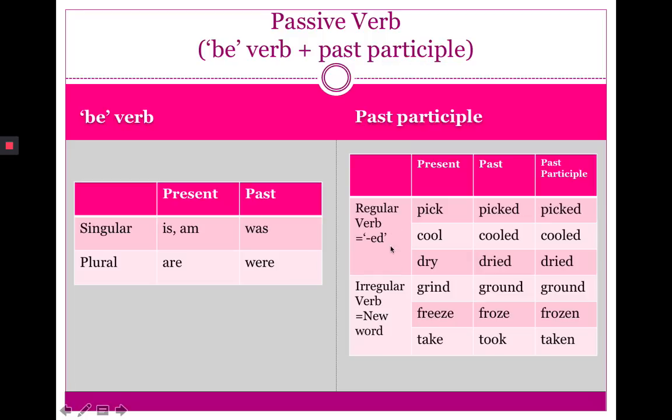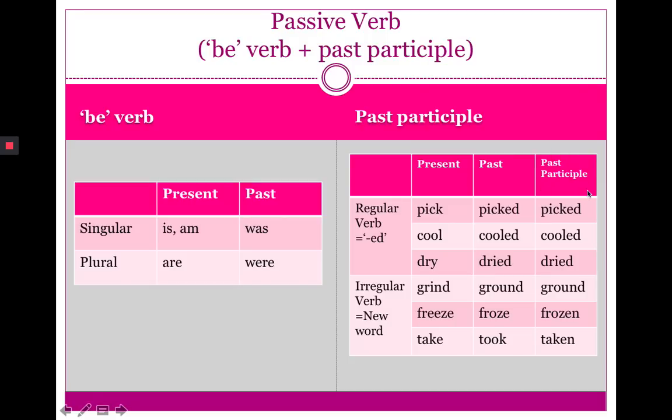So like I said just now, remember I said there are three forms of verb: present, past, and also past participle. Most of the time we use the verb in the form of present and also in the form of past tense. However, there are also verbs in the form of past participles.